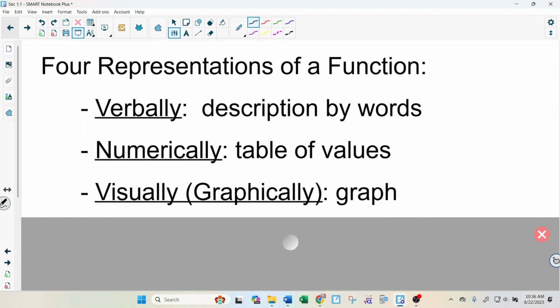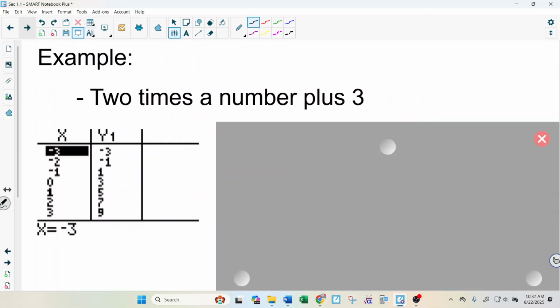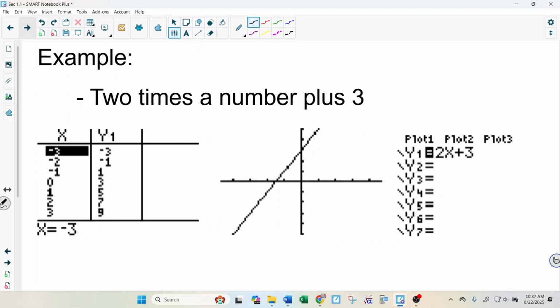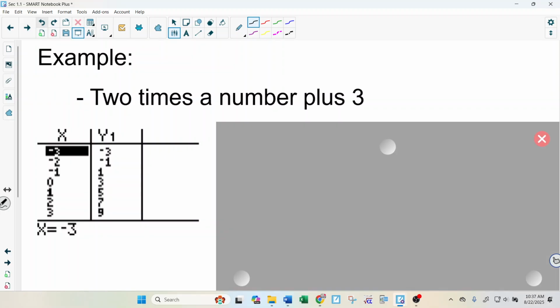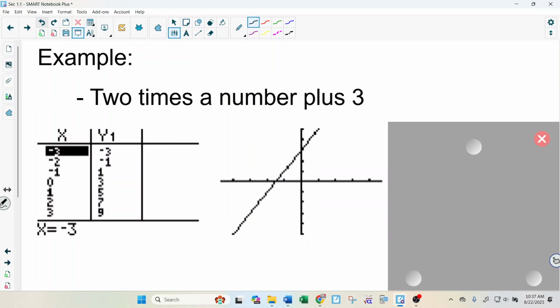Third one, visually or graphically. I have a tendency to say graphically. I like that word better than visually. I think it's just cooler to say. So there would be graphically.